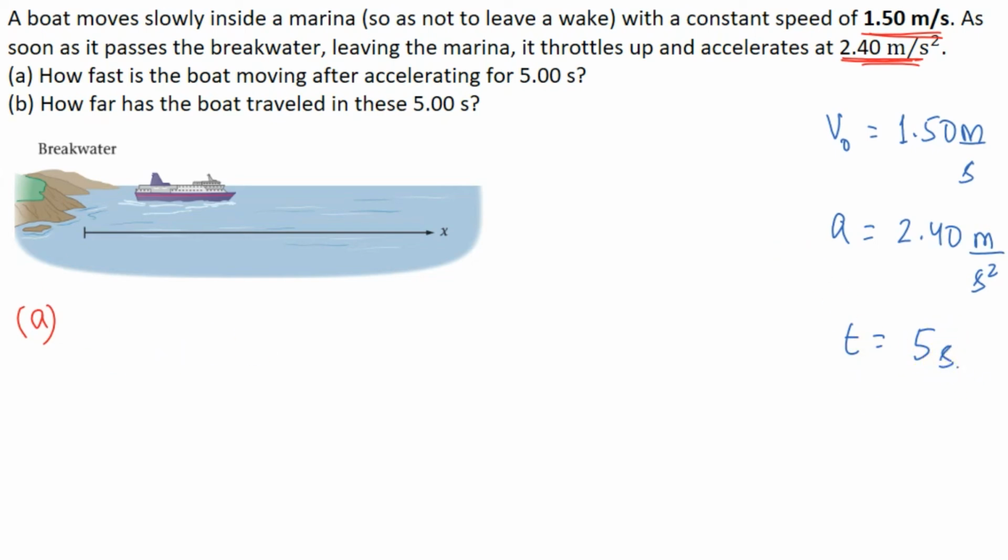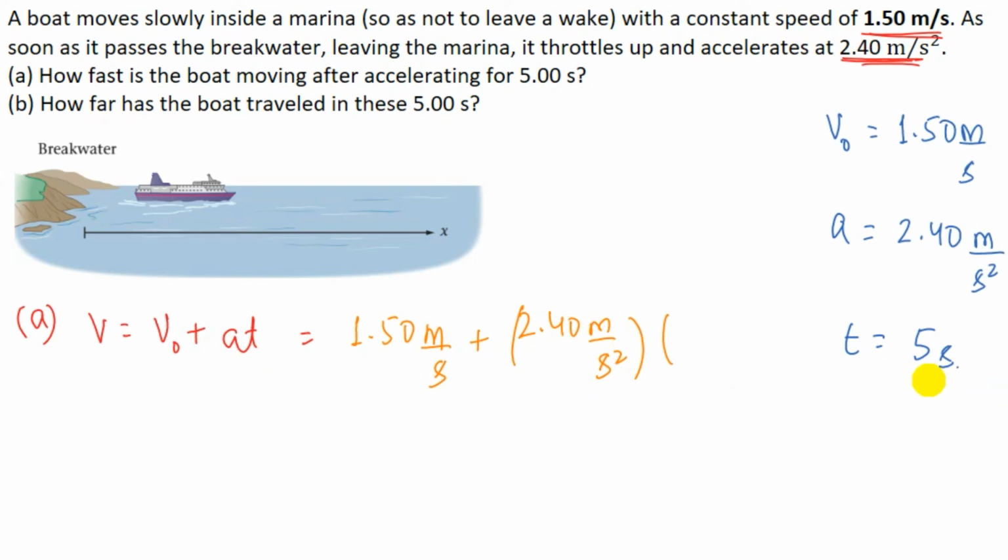So we can use the first equation that we have obtained, which was v equals v naught plus at. So we can put all these values here to find the answer. Initial velocity we have 1.50 meter per second, plus acceleration is 2.40 meter per second squared, times this t.